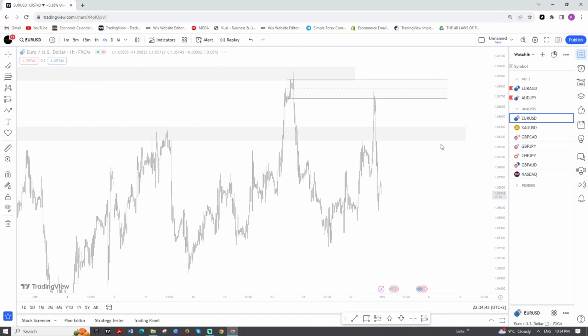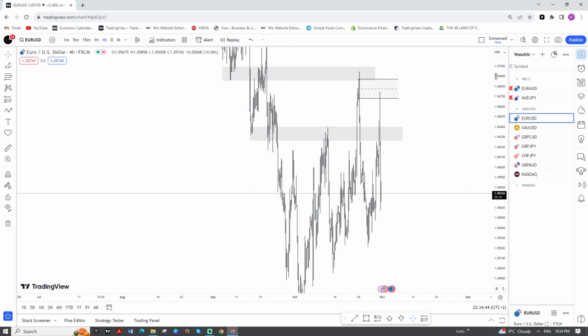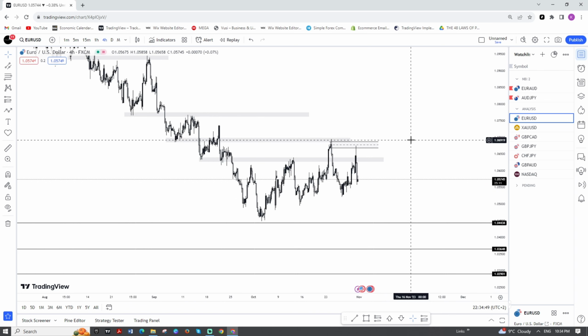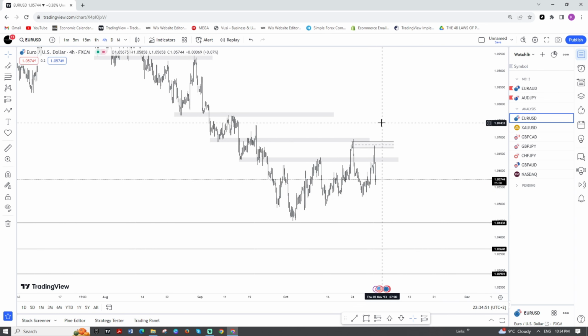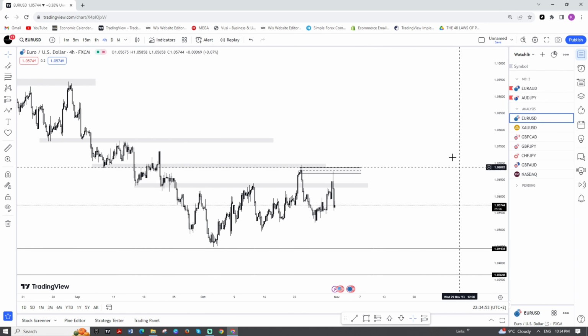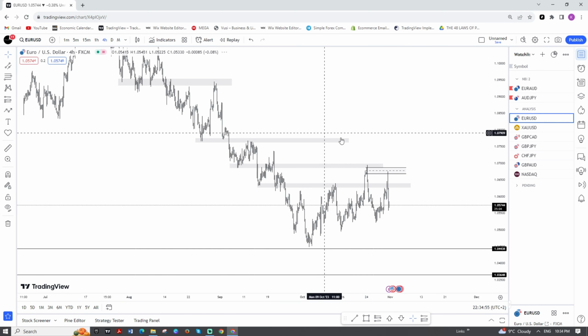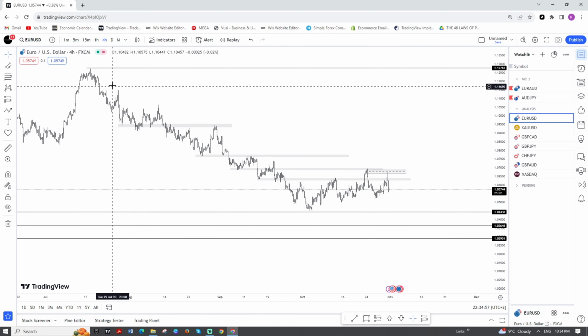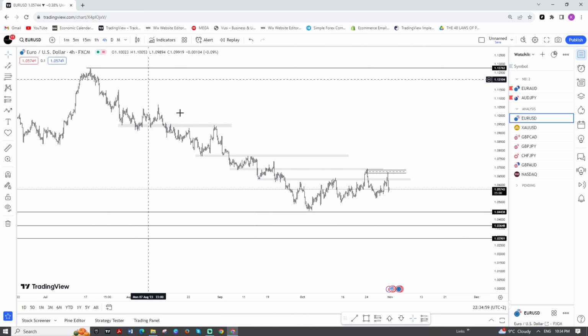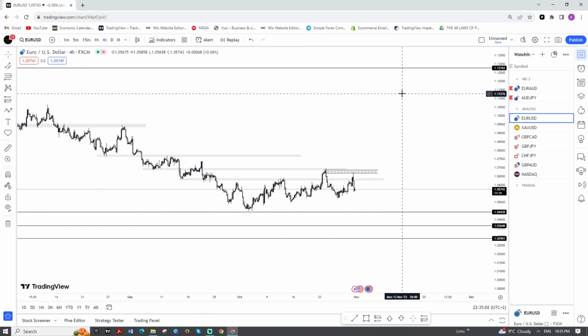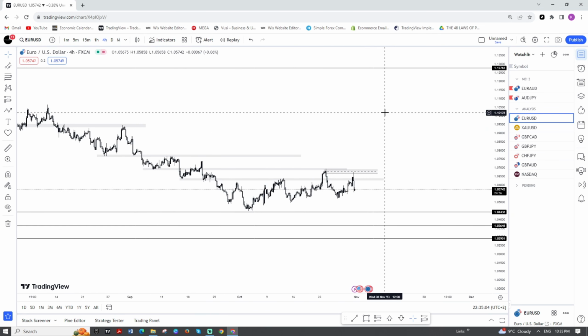EURUSD. So this is going to confuse you a little bit because I mixed SMC with price action here. So it might be a little tricky at first, right? First of all, we can see that we are in a heavy bearish momentum here. So we are looking to take sells.